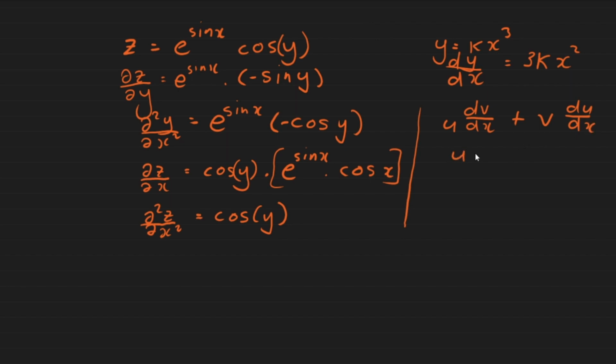In this case, u is equal to e to the power sin x, and du dx is equal to e to the power sin x cos x. v is equal to cos x.